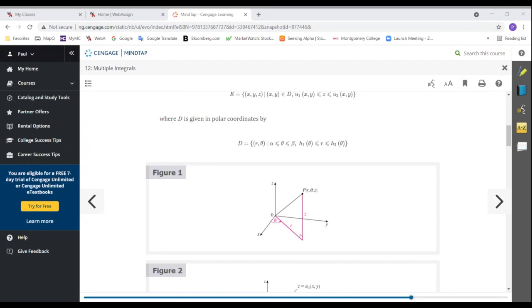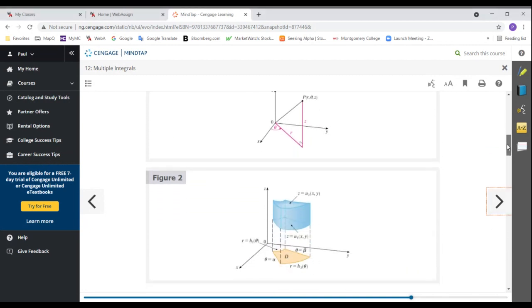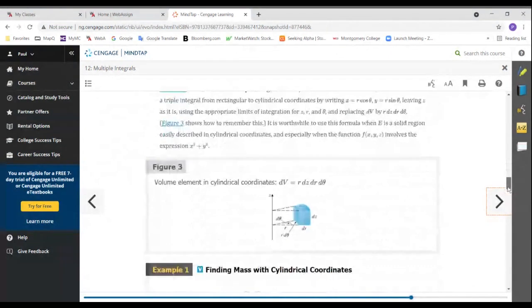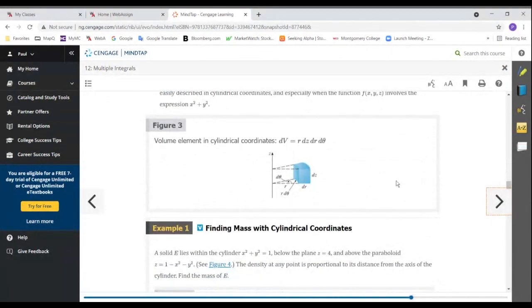If we were to think about a small unit of volume, a volume element, in cylindrical coordinates, dV would equal, it turns out, r dz dr d theta. It's not just dz dr d theta. It's r times dz dr d theta.